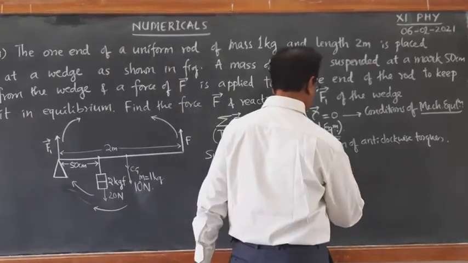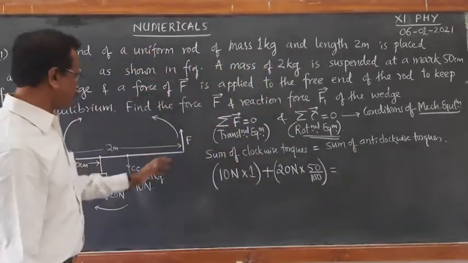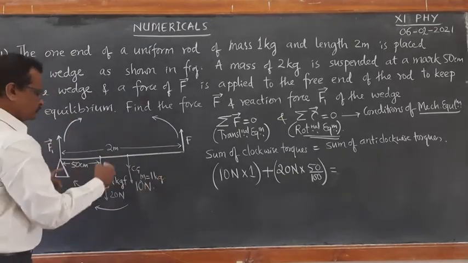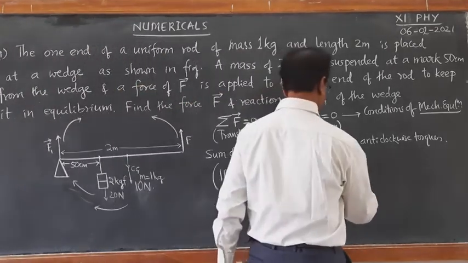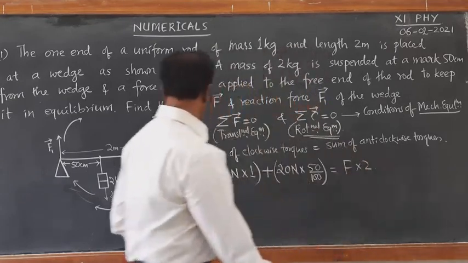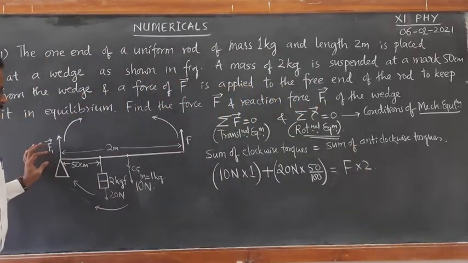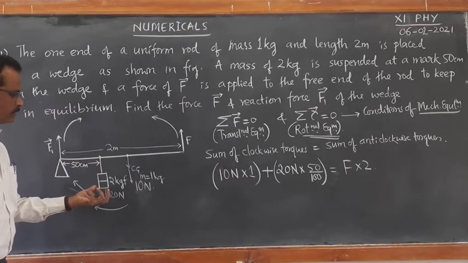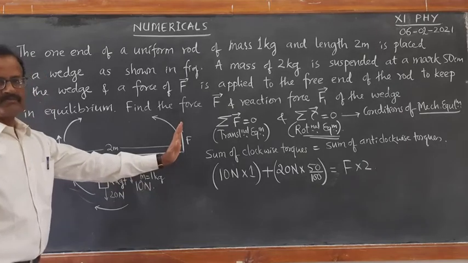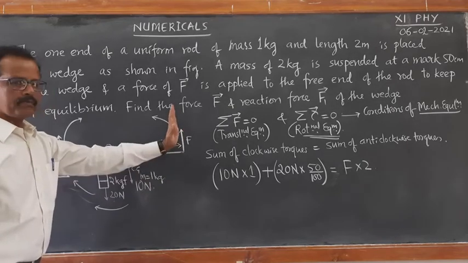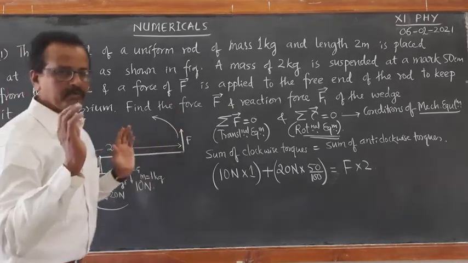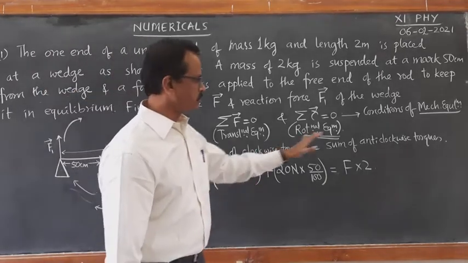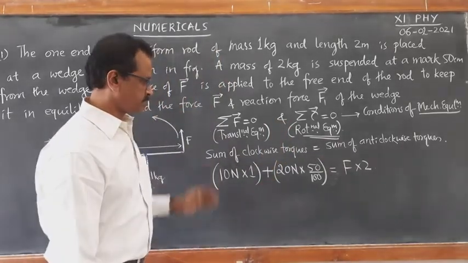Clockwise moment is equal to anti-clockwise moment. Anti-clockwise moment is given by F into 2. This is the wedge which is balancing the entire rod, and after keeping the 2 kg force, an external force F is exerted vertically upwards to keep it in equilibrium. Therefore, the sum of the clockwise moments must be equal to the anti-clockwise moments.